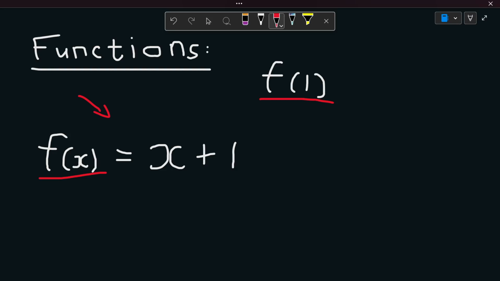Now, this is actually what you call your input. You are basically just inputting the 1 into the f, the function. And how is it going to process? Remember, like in the diagram I showed you, there is an input, then there's a function or process, and then there's an output, obviously.